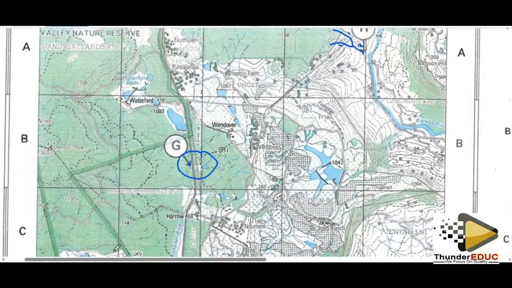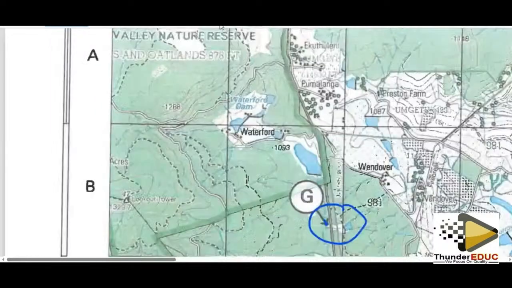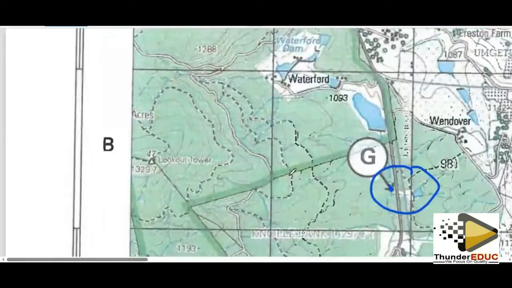Our map, is that clear? Let's try to zoom in and see. In B1, what do we see here? That feature.